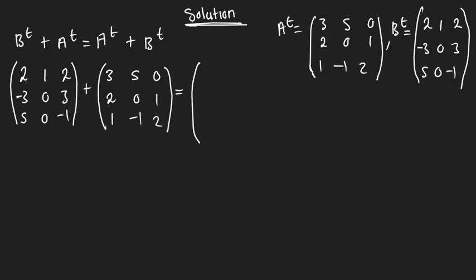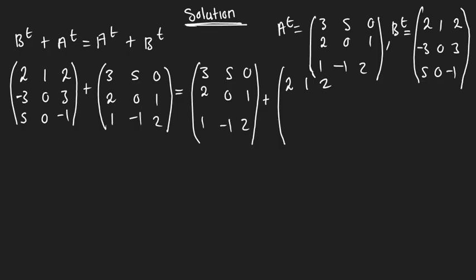We now start with A. So this is going to be like 2, 1, 2, minus 3, 0, 3, 5, 0, negative 1.